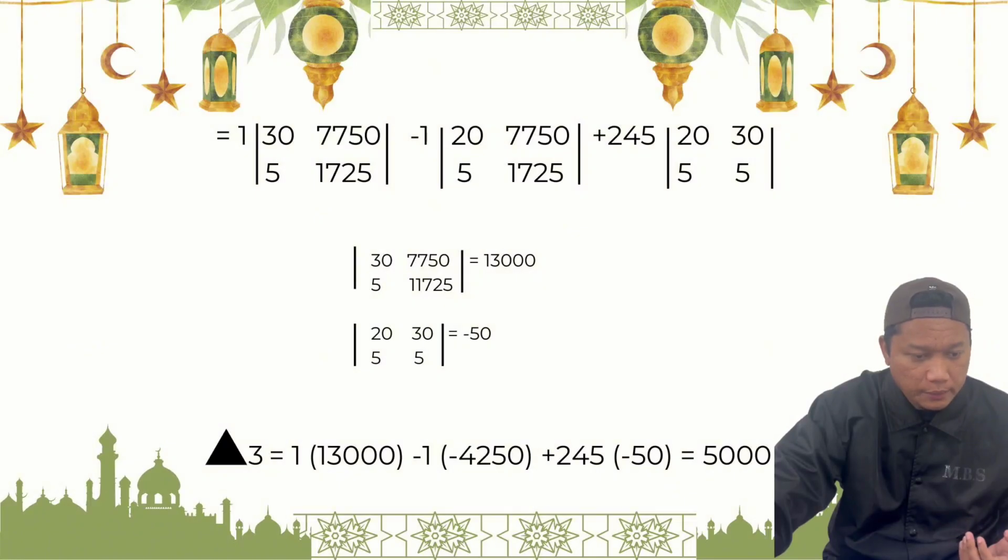Substituting the values, determinant 3 equals 1 multiplied by 13,000 minus 1 multiplied by negative 4,250 plus 245 multiplied by negative 50, equal to 13,000 plus 4,250 minus 12,250, equal to 5,000.